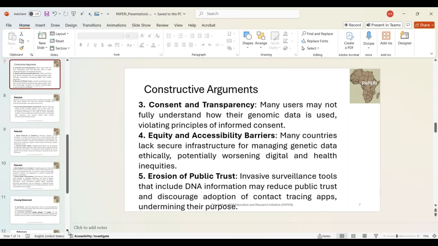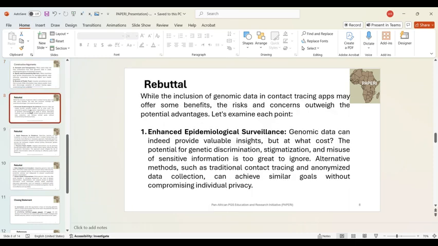Rebutting this, some people have reasons why they consider it should be included. While the inclusion of genomic data in contact tracing apps may offer potential benefits, the risks and concerns outweigh the potential advantages. Let's examine each of the points.